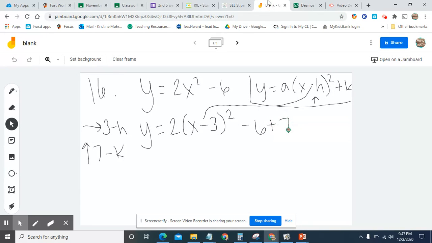We were at negative 6, now we're moving up 7 spaces. So on our next line, we can simplify this. We have y equals 2 times x minus 3 squared, and then negative 6 plus 7 is 1, so plus 1. So let's go graph and check.